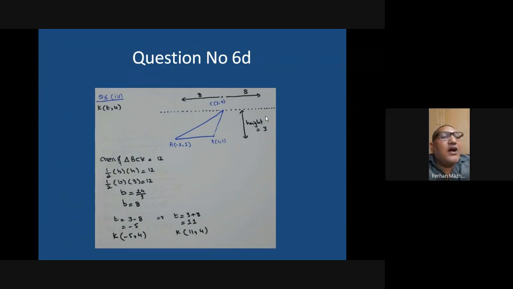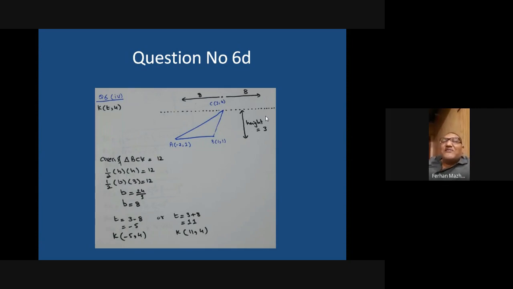Okay. Now, in the given diagram, you can see that A, B, C points, we know where they are. He's talking about another point. The name of the point is K. Its coordinates are t, we don't know its value, and 4. (t, 4) means the y value is 4. So you can see the dotted line I drew there. The K point is supposed to be on that line because its y value is 4.